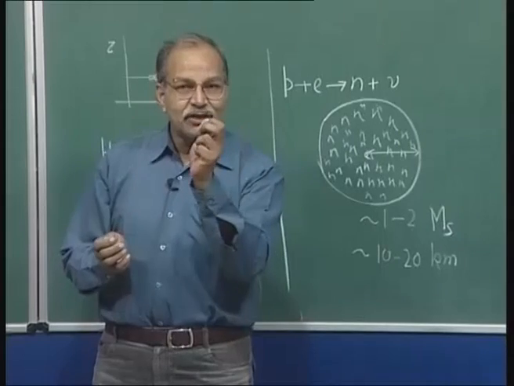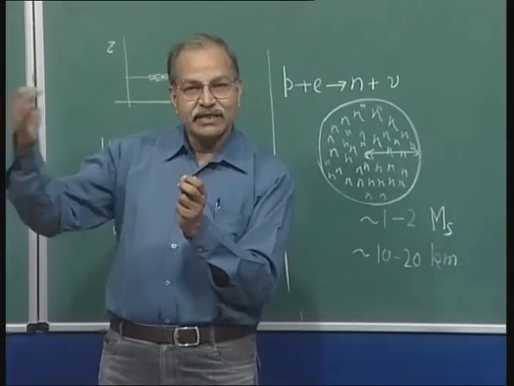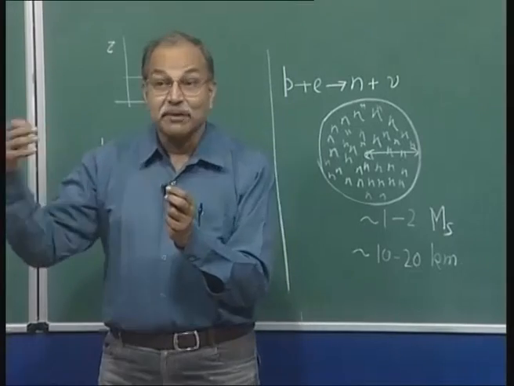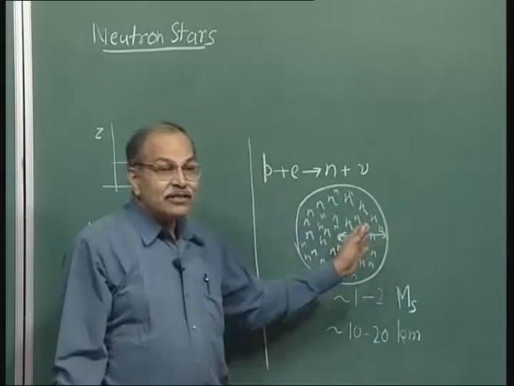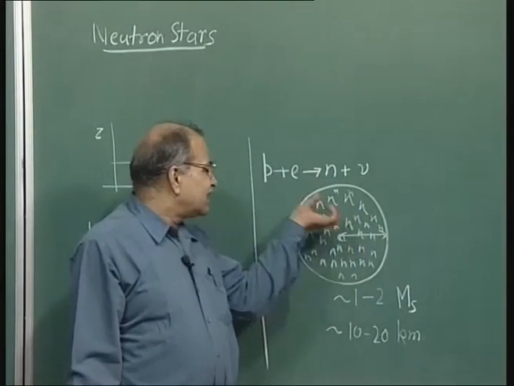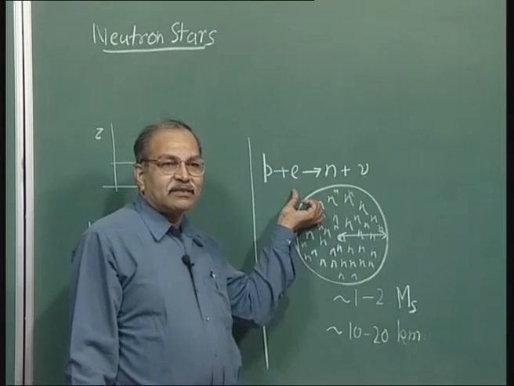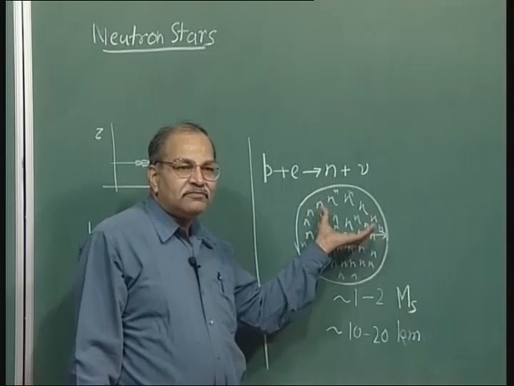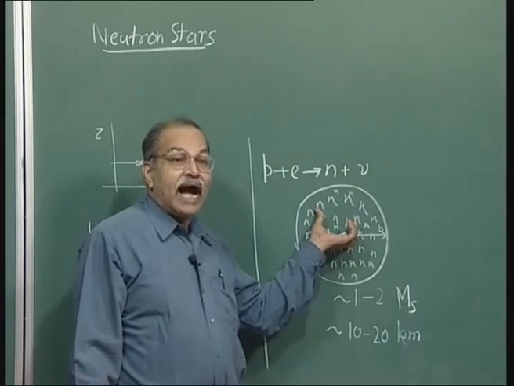For a particular value of Z, there is a fixed number of neutrons which can get into it, and after that it drips, the neutron drip line that we talked about yesterday. And here, with no protons in the core, barring some surface layer where there can be some protons or other nuclei, the whole of this big mass is made of neutrons only and is stable.